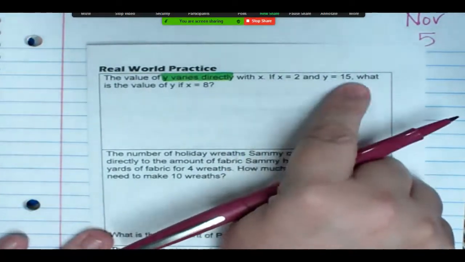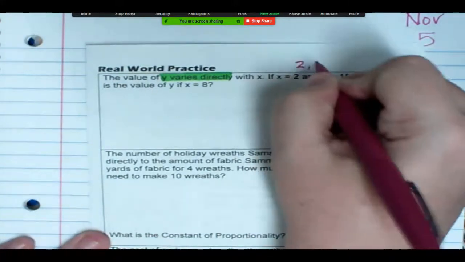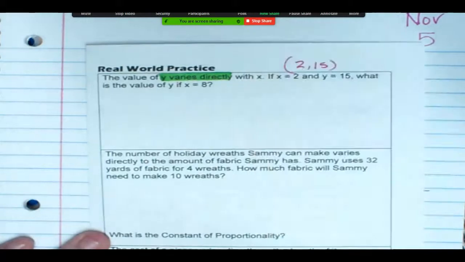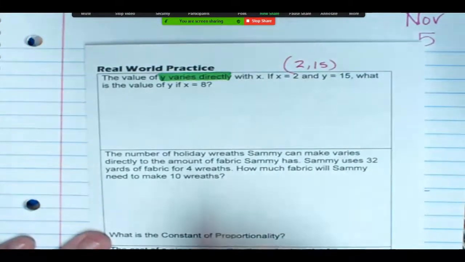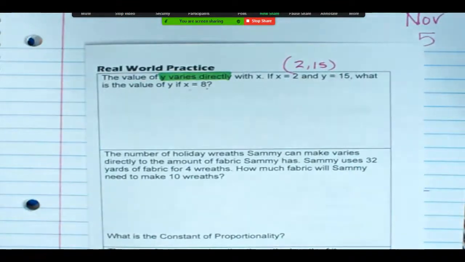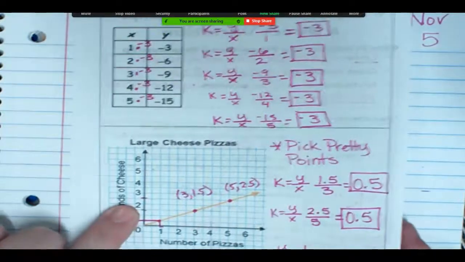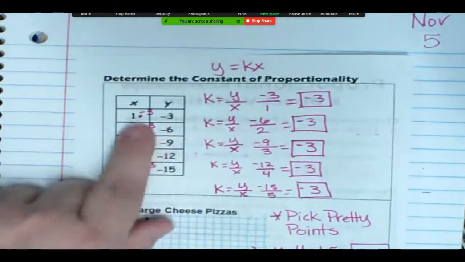So they want to know if x is 2, y is 15. So that's like an ordered pair, 2, 15, right? That's an ordered pair. But they want to know if x is 8, what is the next y value? Well, do I want to draw a graph like on the page before? I don't want to freehand a graph. That's not my specialty. But look, if I have x and y's, could I just make a table?